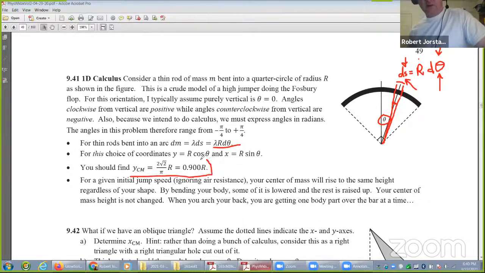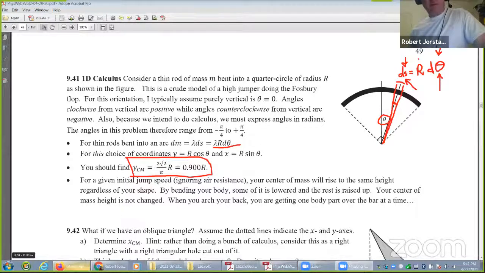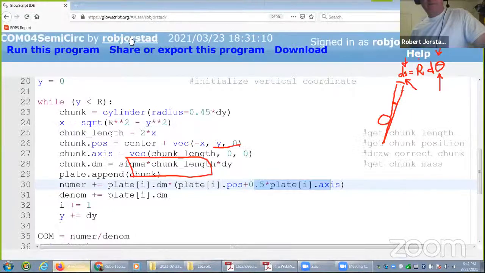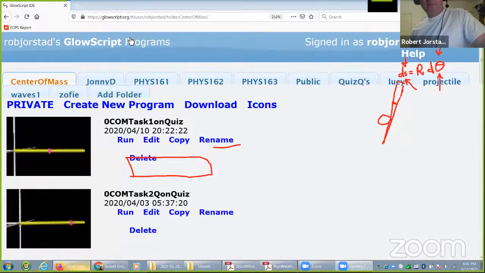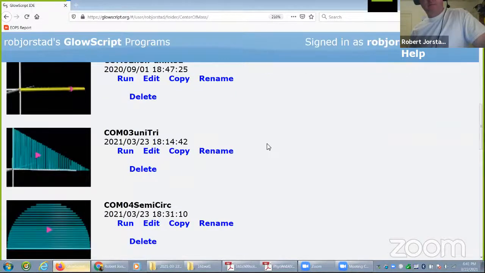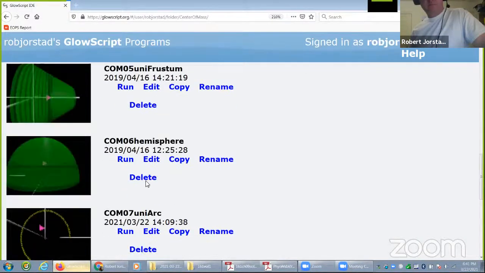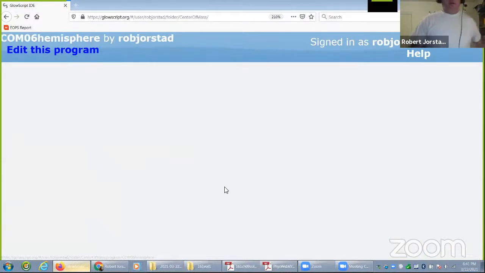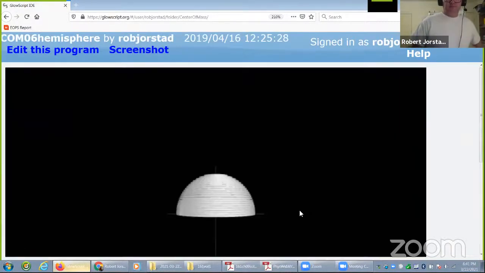And if you're curious, this is very similar to the Fosbury flop. I think I worked this one out somewhere. Let's go to here. Whoops, wrong one. That's a hemisphere.